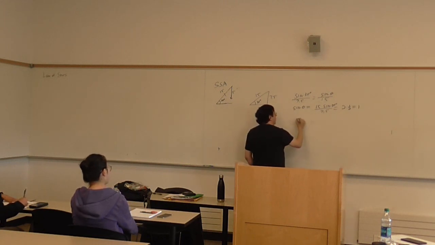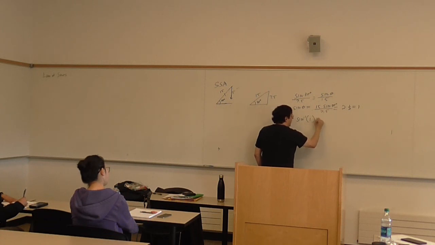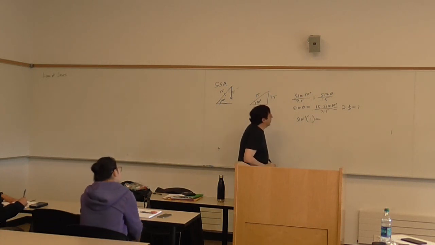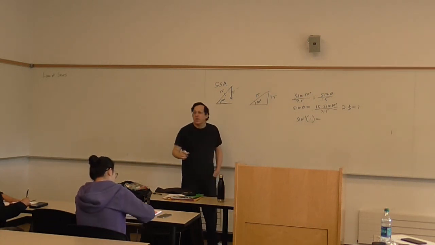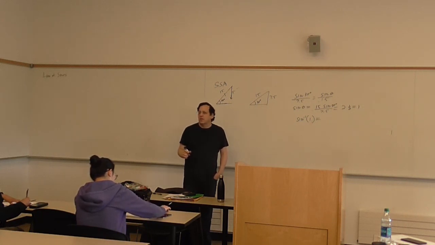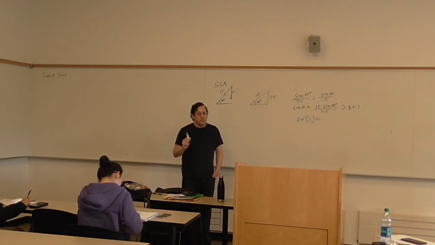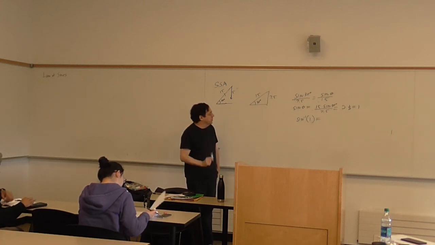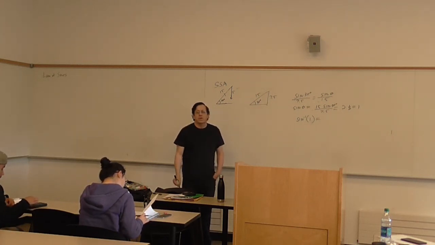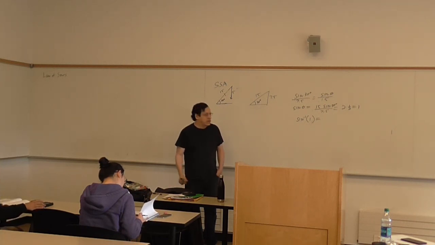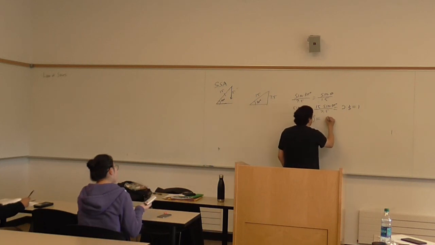Okay, so what we want to find is the inverse sine of 1. What's the inverse sine of 1? You can use your calculator, but you shouldn't need your calculator. 90 degrees, all right.